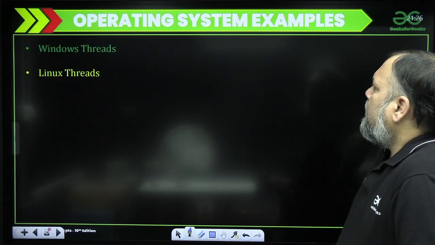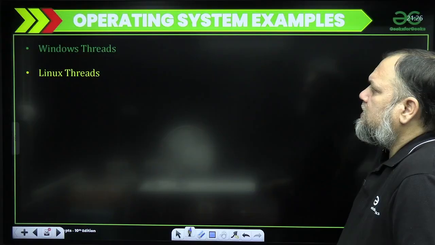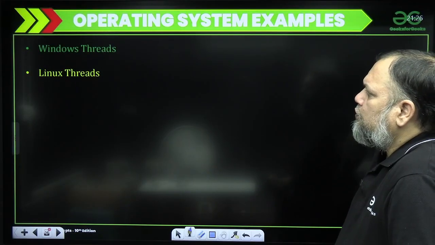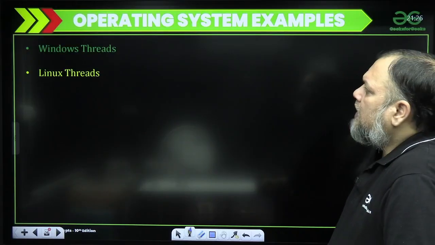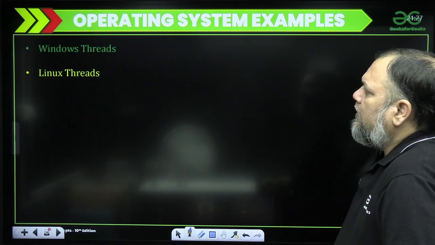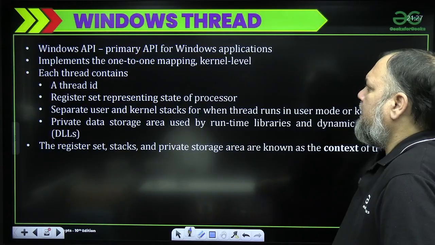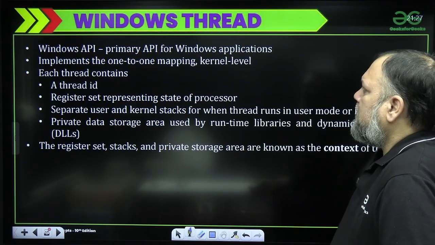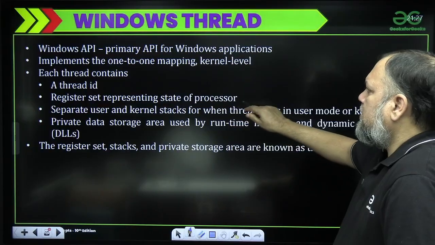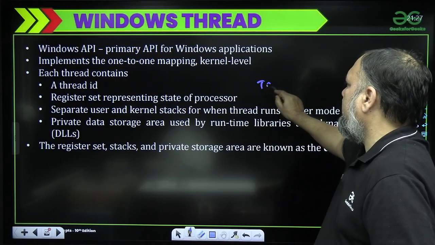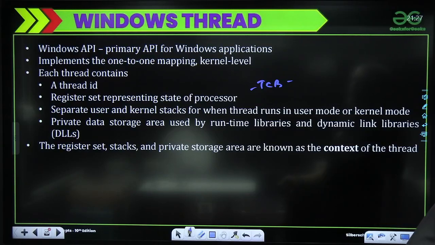Okay. So the different operating systems that support the concept of threads include Windows threads and Linux threads. From an interview perspective, I would suggest you go through, as a case study, how threads are created and managed in these two operating systems, Windows and Unix. For the Windows API, with one-to-one mapping, a thread contains a thread ID and a register set. These are the contents of the TCB, the thread control block, and this is the context of the thread.